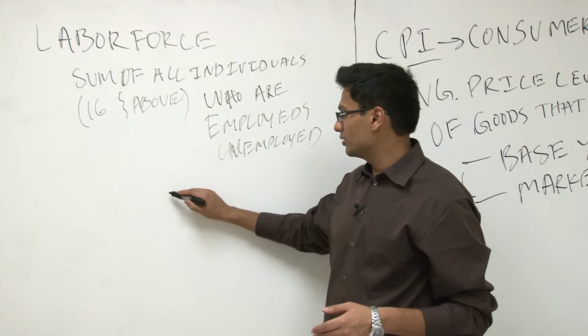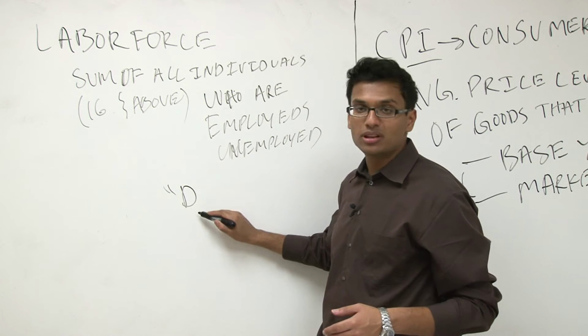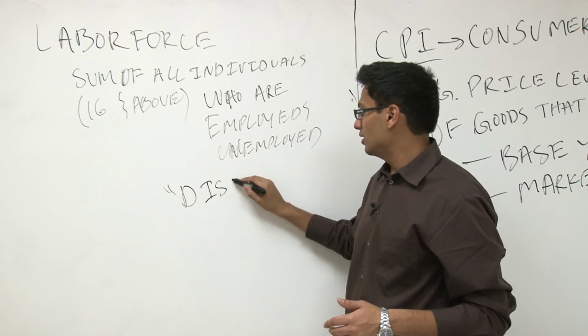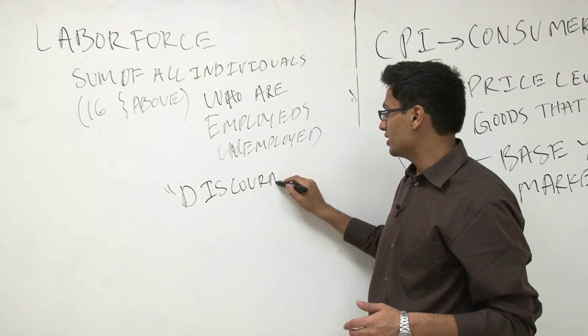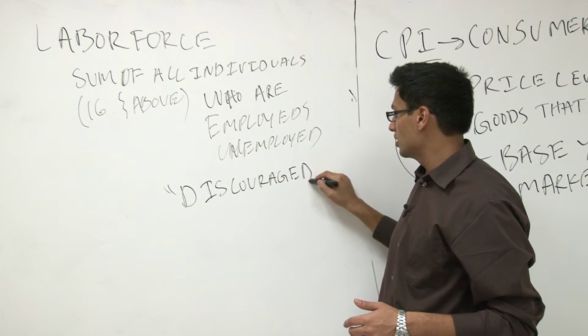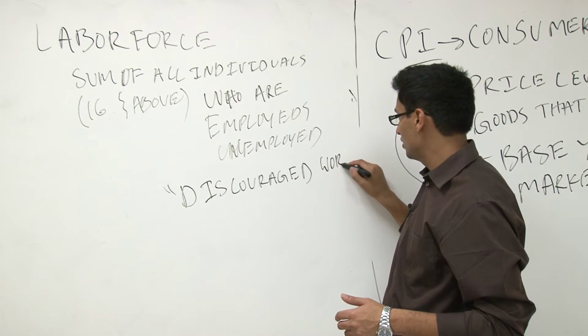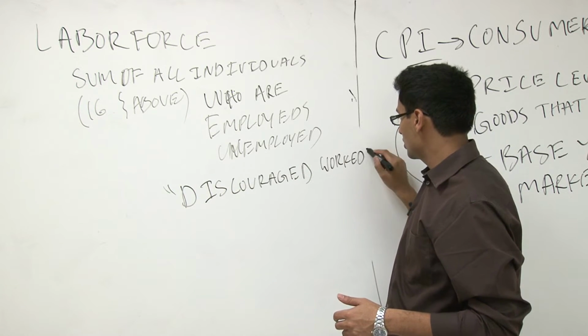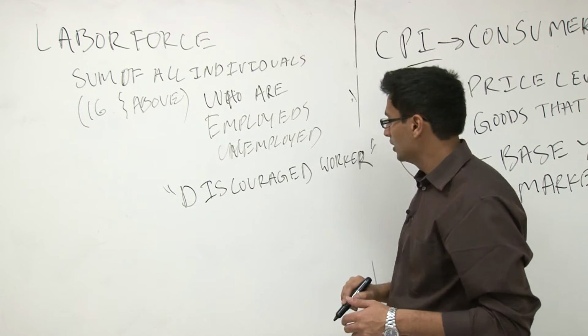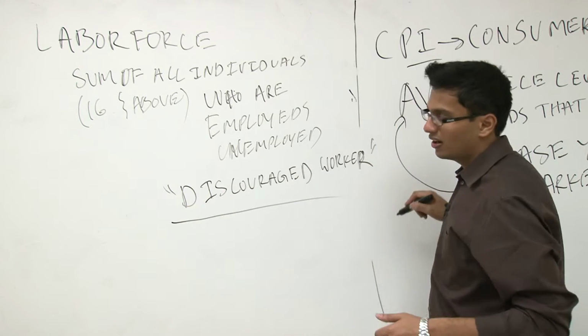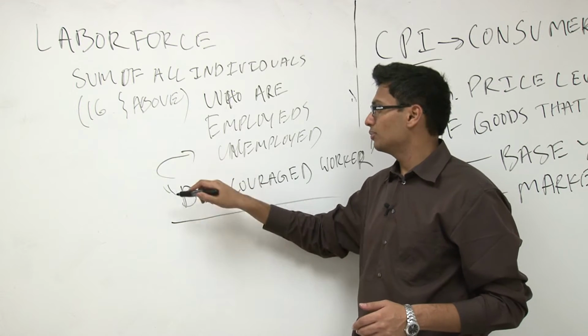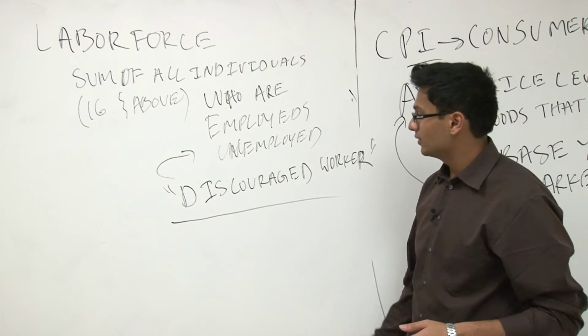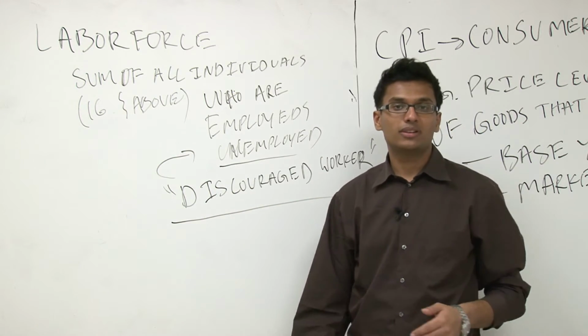Unfortunately, you come under a segment of the population known as discouraged workers. If you're a discouraged worker, you're actually not counted as an unemployed person. So this is why unemployment is actually understated.